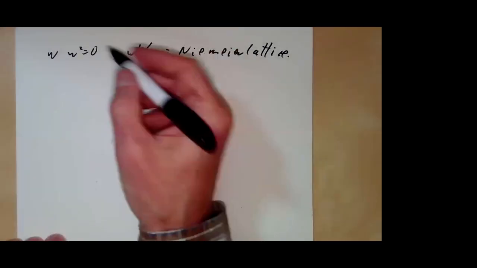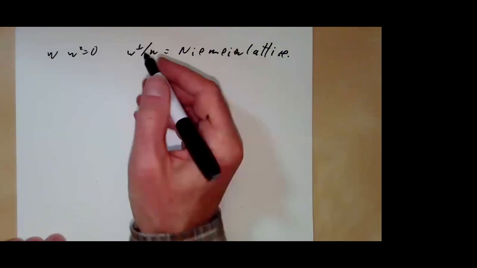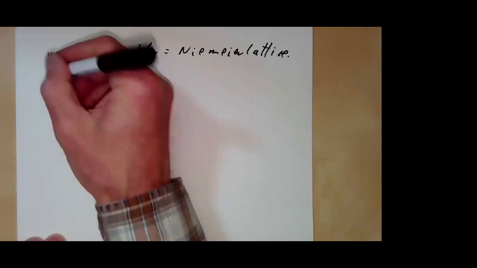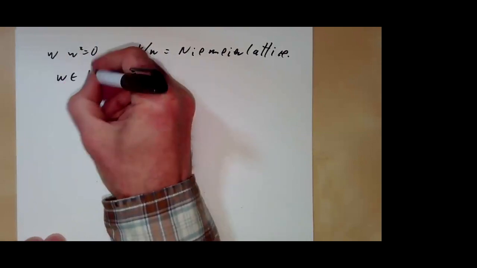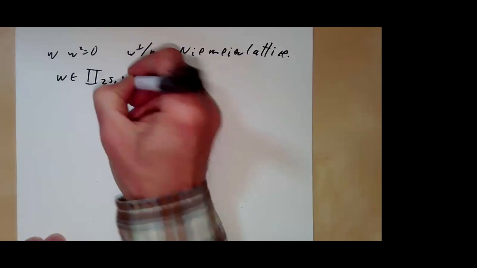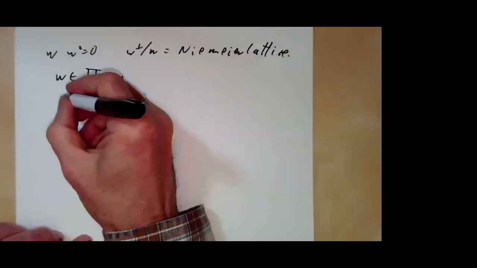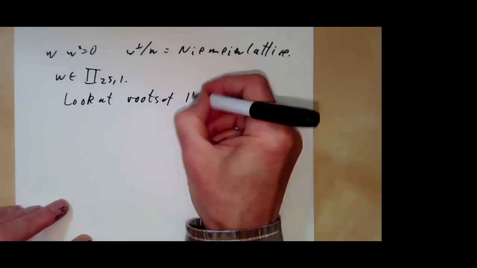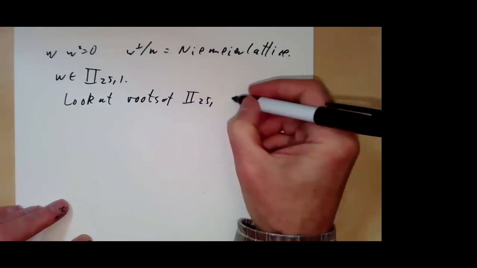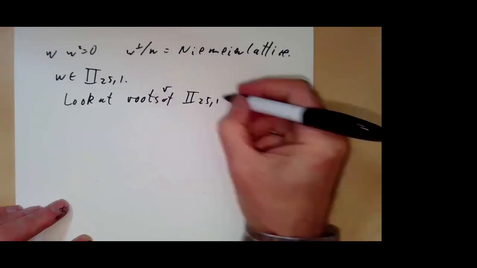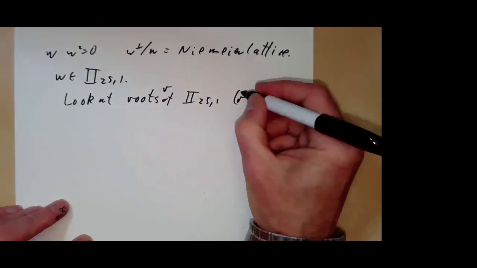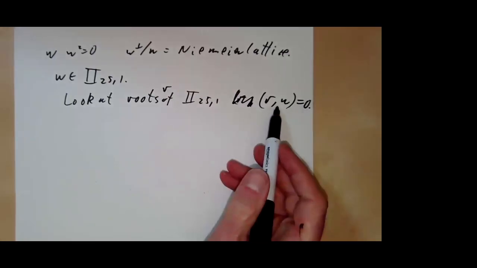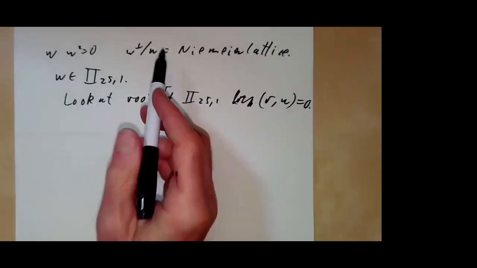Then we can look at w contained in the lattice II_{25,1} and look at the roots r of II_{25,1} orthogonal to w.